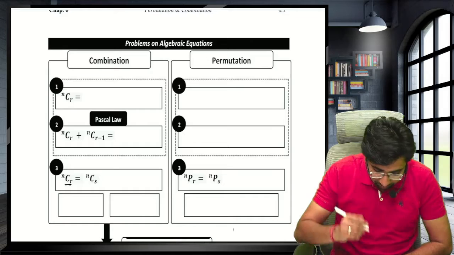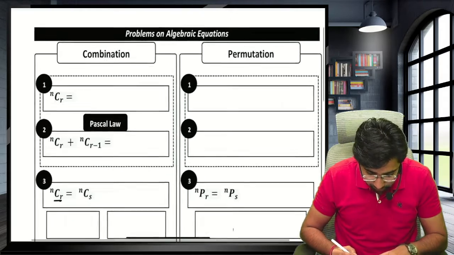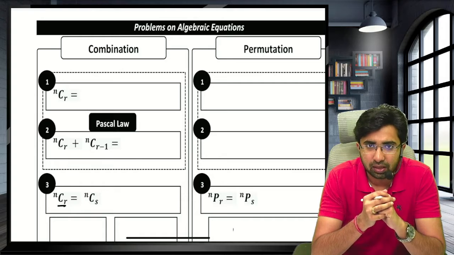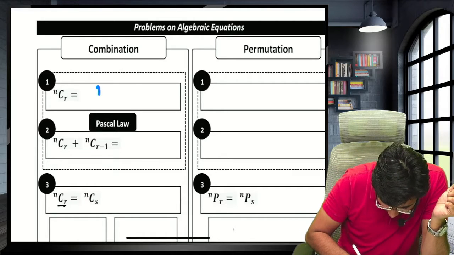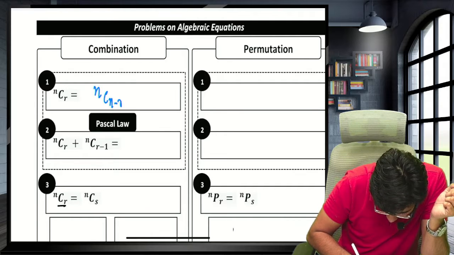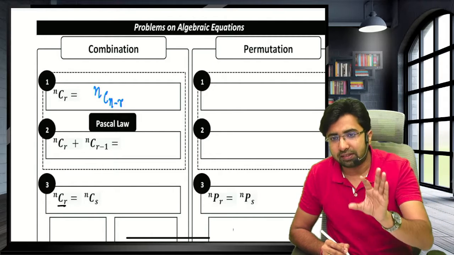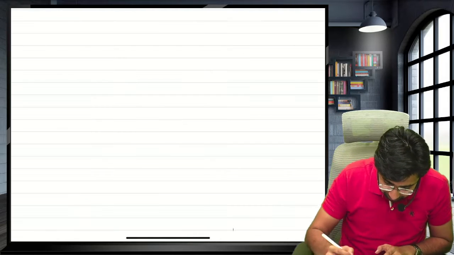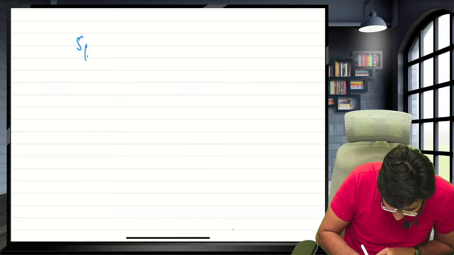Now, first property of combination, guys. If there is nCr, you can write this as nC(n-r). The value of nCr and the value of nC(n-r) are both the same. What do we want to say from this? Take 5C3.